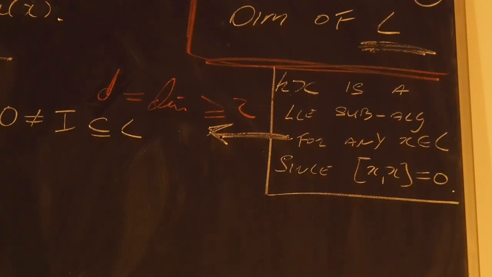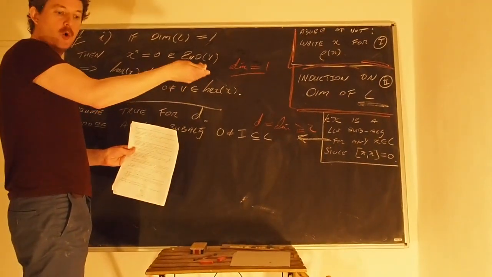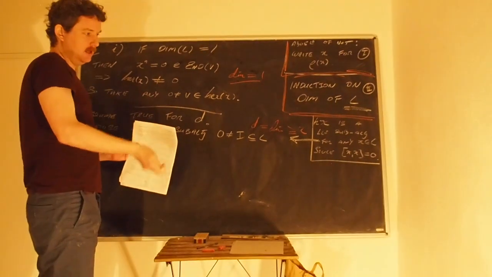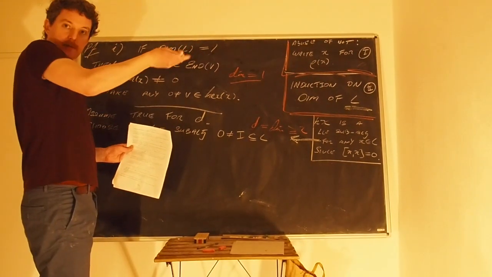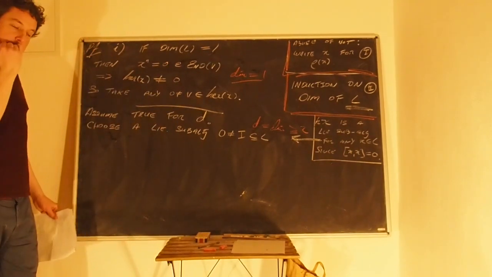Basically because it's a finite dimensional vector space, non-trivial sub-algebras will have some dimension between one and one less than the dimension of the Lie algebra, and you just pick the top one, the one of top degree. So I'll put this as an exercise.